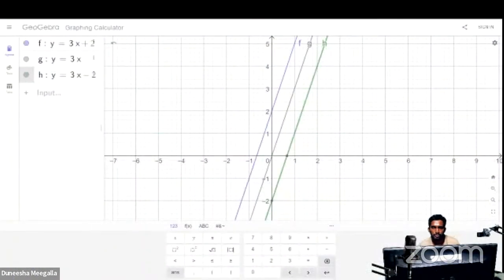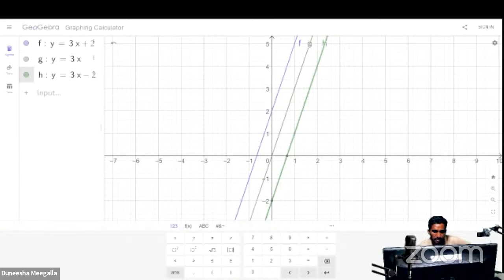Now, can you see the GeoGebra software? Can you see? Yes, sir. Okay, now let's see what happens when the gradient is minus.